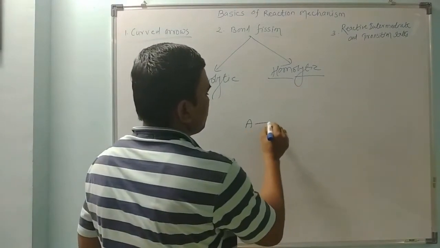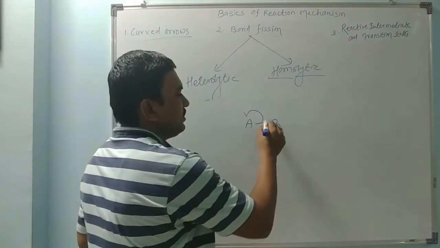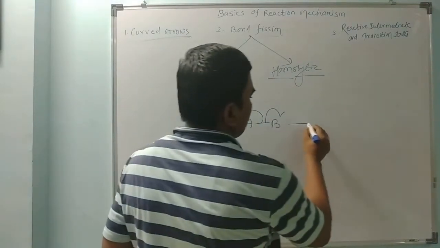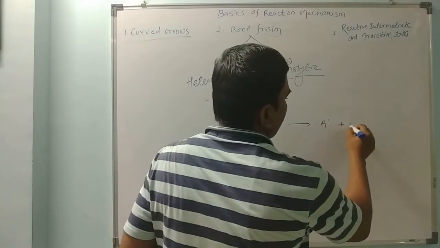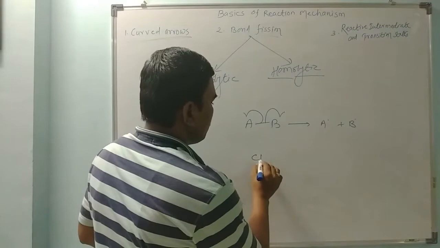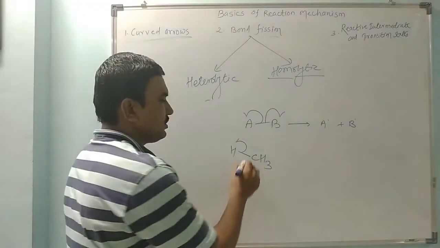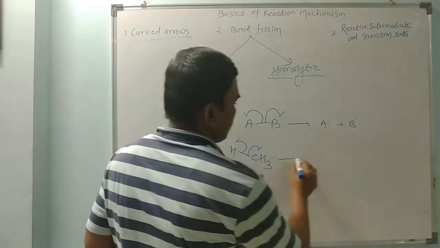So when the bond is present between A and B, one electron goes to A, the other electron goes to B. So here A radical plus B radical is generated. With examples such as the methane molecule, one electron goes to hydrogen, the other electron goes to carbon.